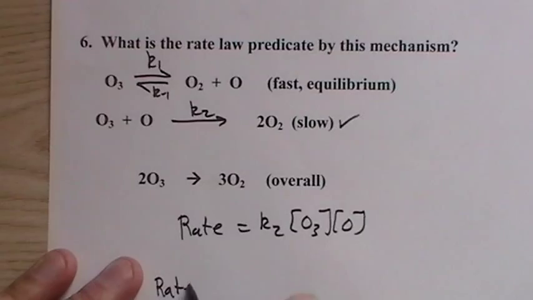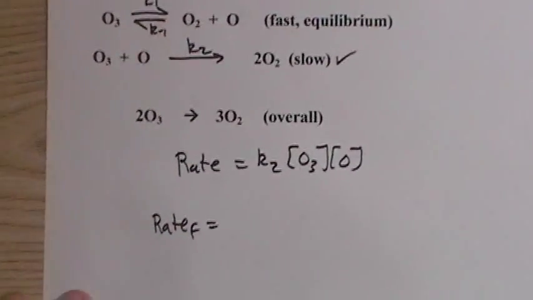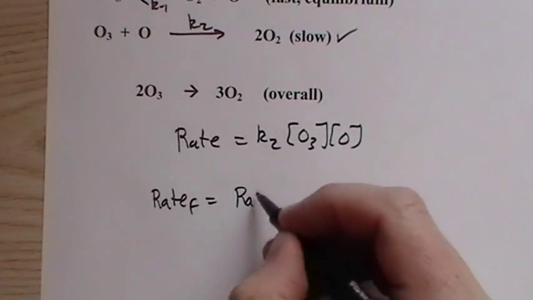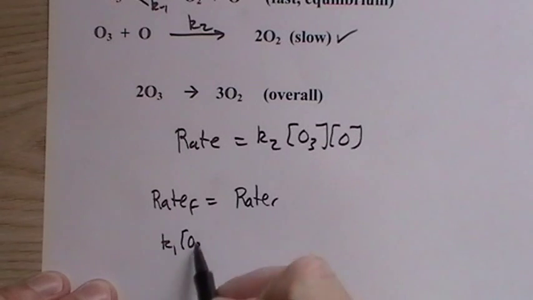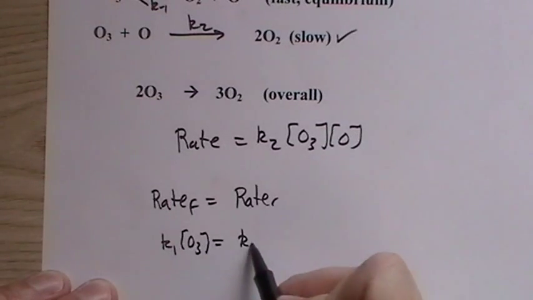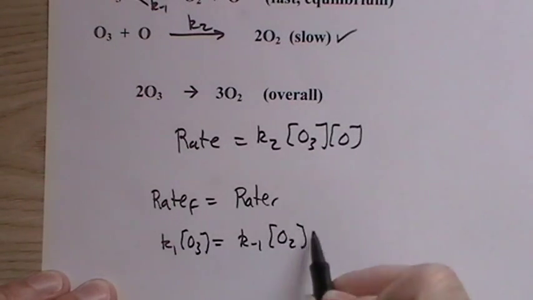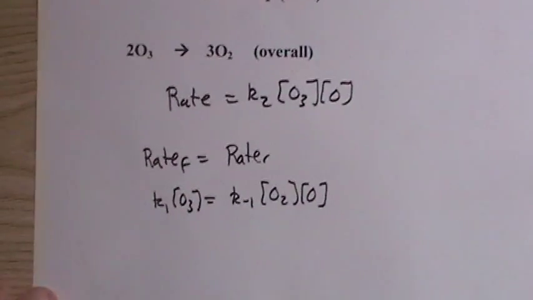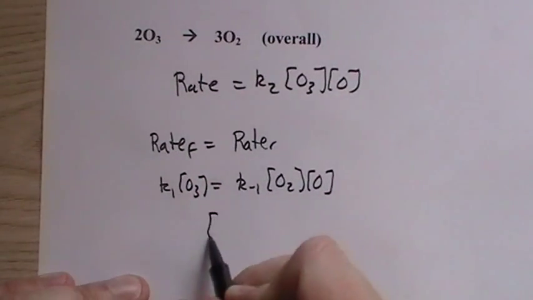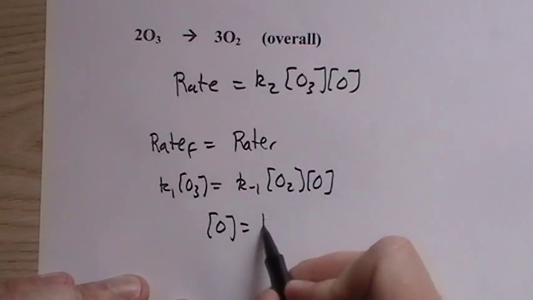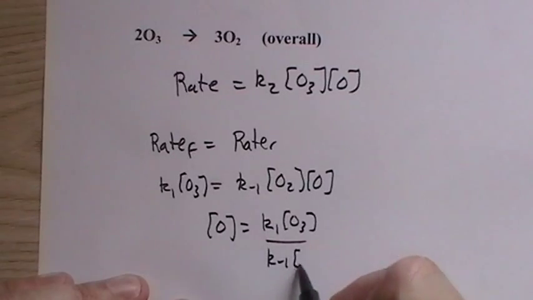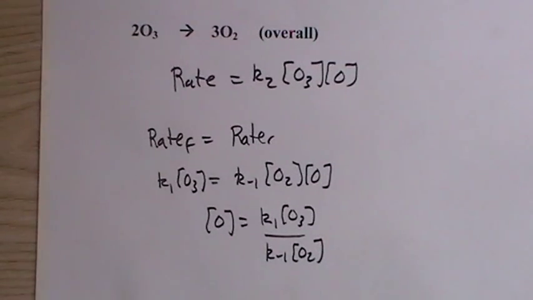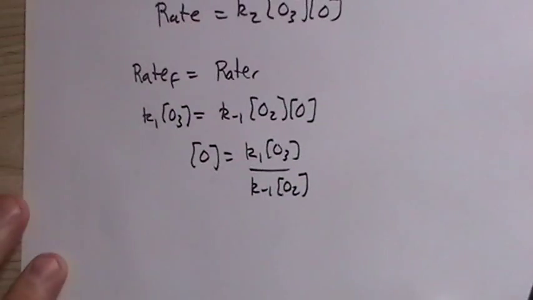We know that the forward rate is equal to the reverse rate. And so that's k1 times the concentration of ozone is equal to k-1 times the concentration of O2 times the concentration of atomic oxygen. Solve for atomic oxygen because we're trying to get rid of it in our rate law because it is an intermediate. O3 and O2 are not intermediates. So we have that.